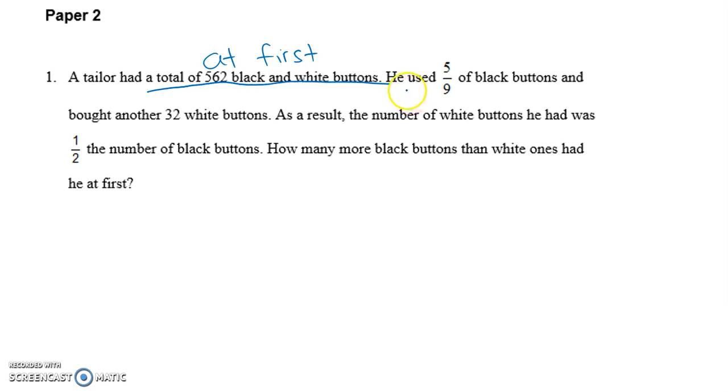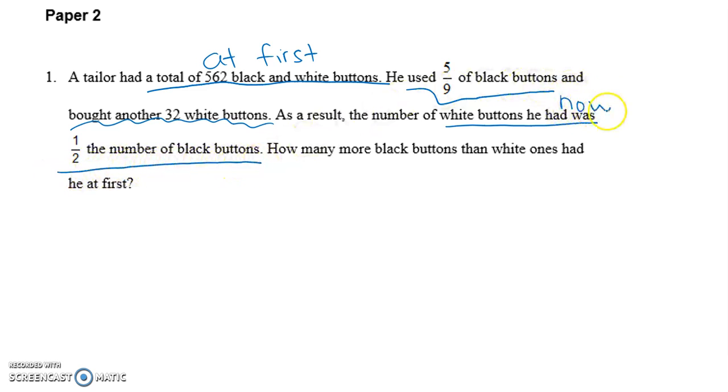Then he used 5/9 of the black ones and he bought another 32 white ones. As a result, now the number of white buttons he had was 1/2 the number of black buttons. This is now. Correct? I want to find how many more black buttons than white buttons had he at first.